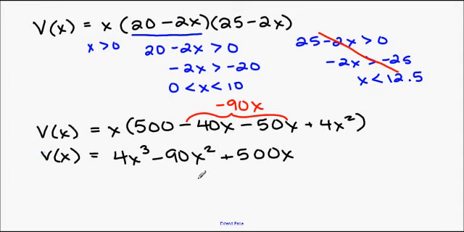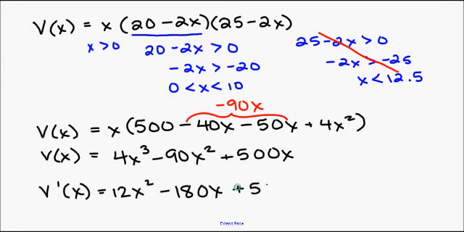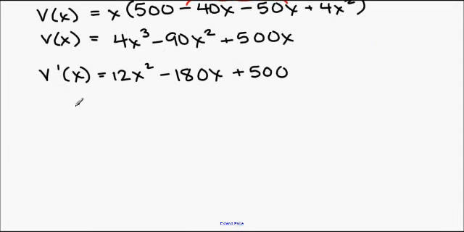And I want to find the maximum of this. So I'm going to find the derivative, so I can set the derivative equal to 0. So I have 12x squared minus 180x plus 500. Not too bad so far. To solve this, remember I'm going to set it equal to 0.